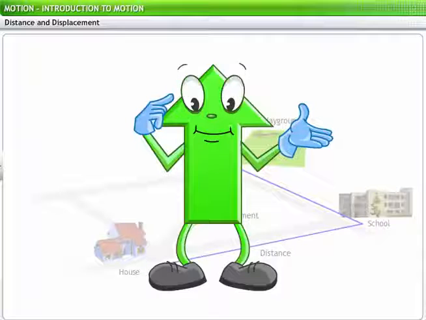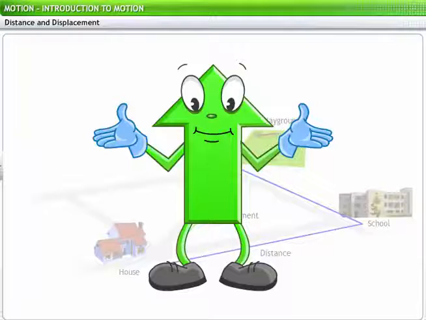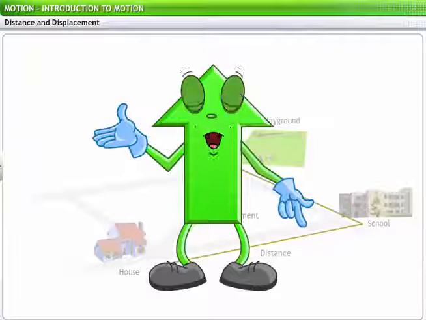Hi, I am called Displacement. I will always show you the shortest distance between the initial and final points, or the aerial distance between 2 points. My cousin is called Distance. We often look similar, so it can be a little confusing for people at times.